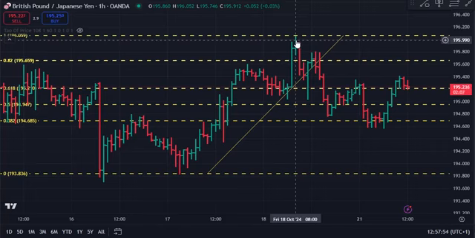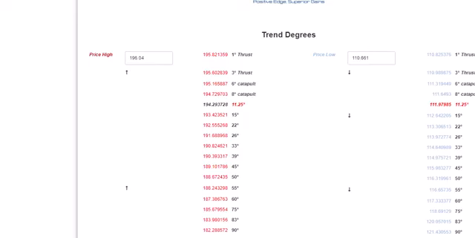But let me see if I got anything else. I'm going to have to use trend degrees with this. Hang on a second. Since I opened this up to you guys, you can go to the site, just go to the Fibonacci video, and you can get a link to trend degrees.